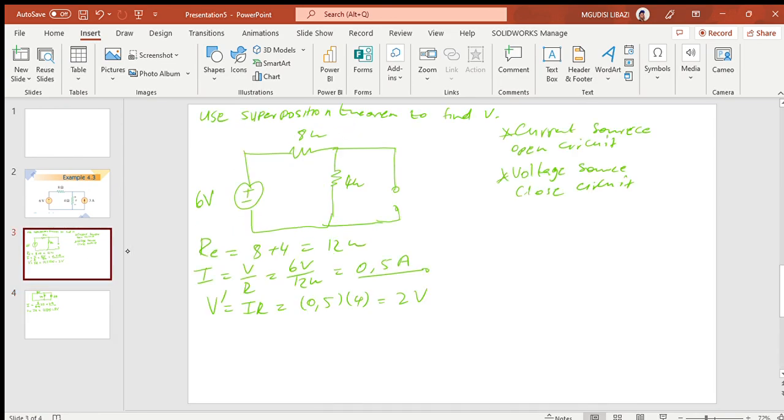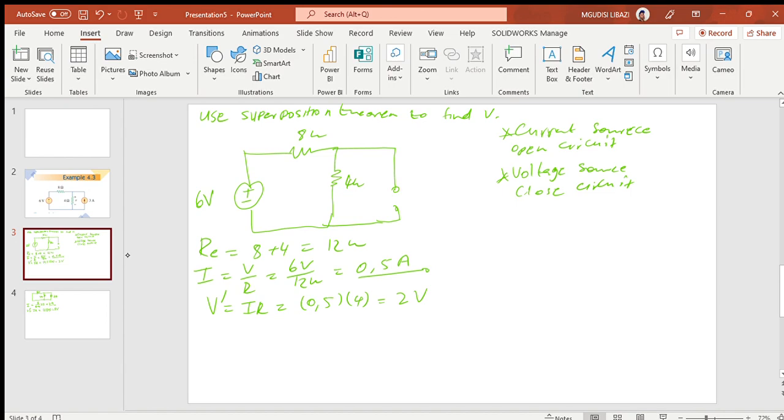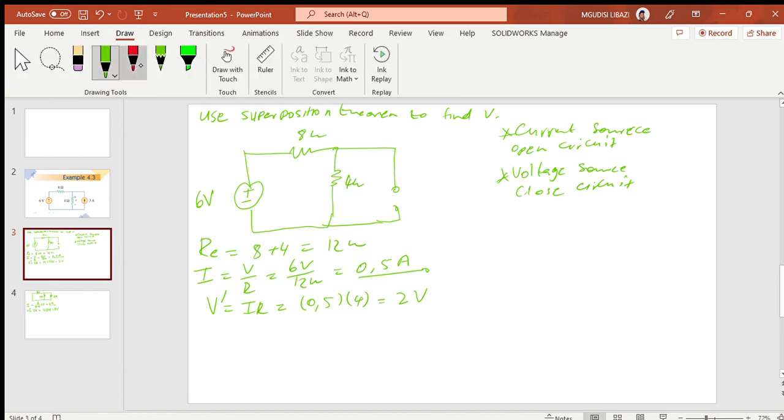The first one was V prime, and this one is V prime prime. For the sake of direction, the plus sign of the voltage source means the current comes from this side and then downwards here, so the direction is downwards through the 4 ohms.